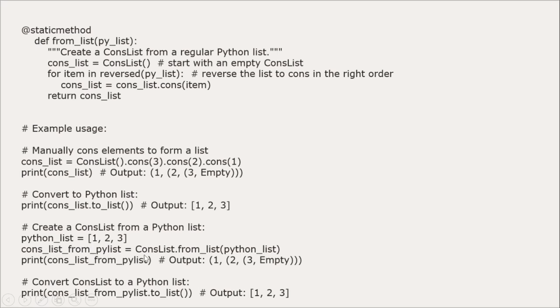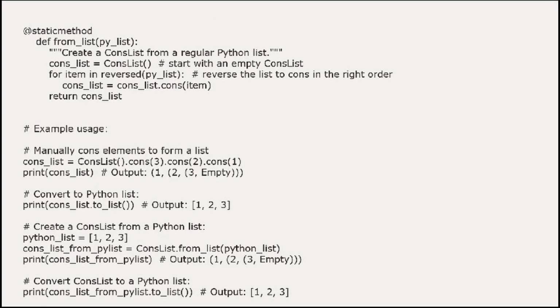Again we are creating a cons list from the Python list, passing the values 1, 2, 3 for the Python list, using ConsList.from_list of the Python list, and we are printing that cons list. In this way, we create a cons list by using a Python program.